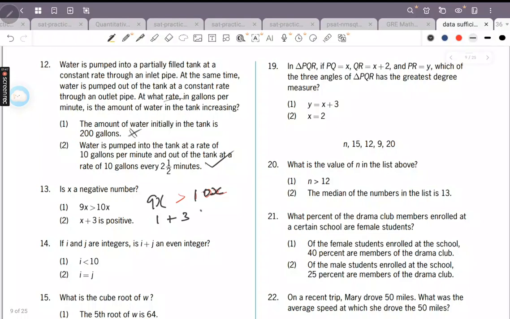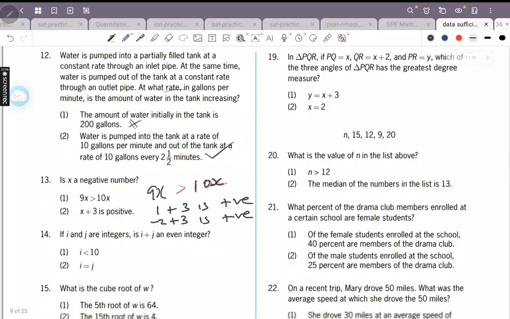But S can also be minus 2. Minus 2 plus 3 is still positive. So it doesn't matter. S can be both positive and negative. That is why it's not sufficient.